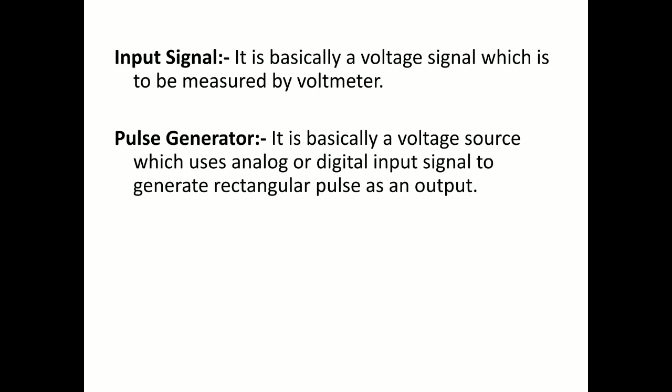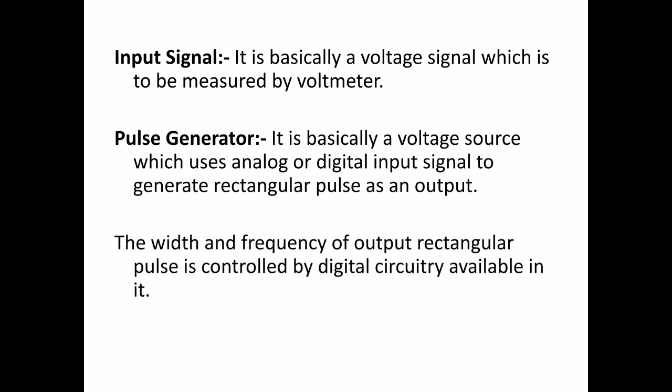Now if you open a pulse generator unit, basically it has a combination of analog circuit as well as digital circuit. When I say that the output of a pulse generator is a rectangular pulse, that means it has various parameters. For example, it has its width, frequency, amplitude, rise time and fall time. So definitely there are some subcomponents in the pulse generator which control the various parameters of the rectangular pulse.